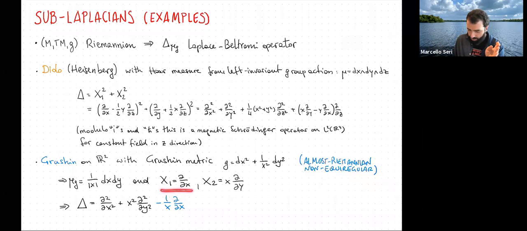Remember, the distribution is the span of the vector fields ∂x and x ∂y. Because of this x, when x is 0, you lose this vector. So your distribution is two-dimensional when x is different from 0. As soon as x is 0, it becomes one-dimensional. You have just the direction ∂x. And then it becomes two-dimensional again.